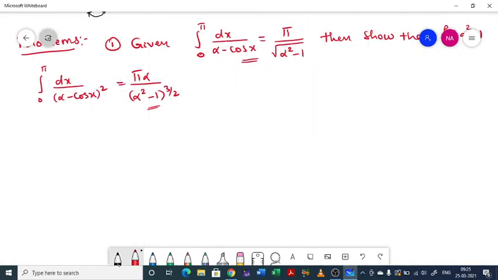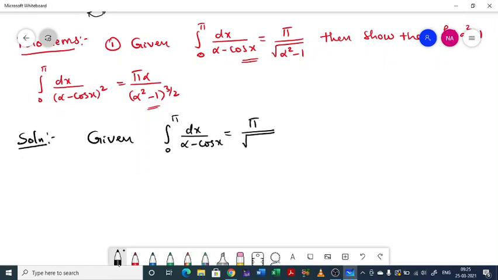So this is the given thing, and we need to prove this one using Leibniz rule of differentiation under integral sign. So solution, given integral 0 to pi dx divided by alpha minus cos x equal to pi by square root of alpha square minus 1.